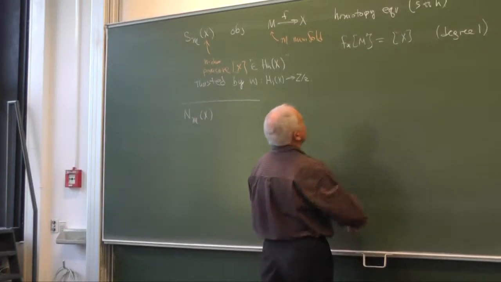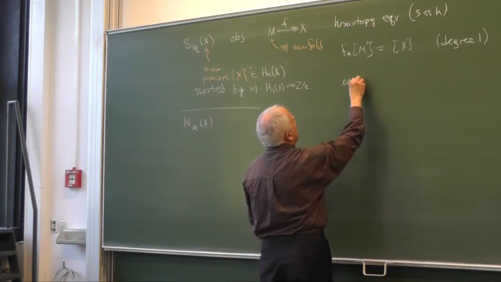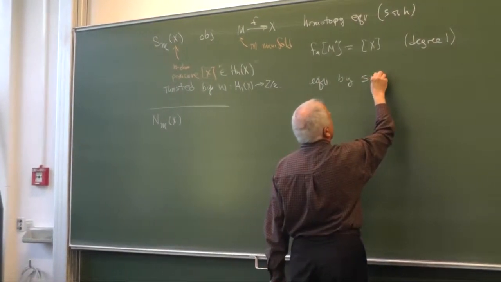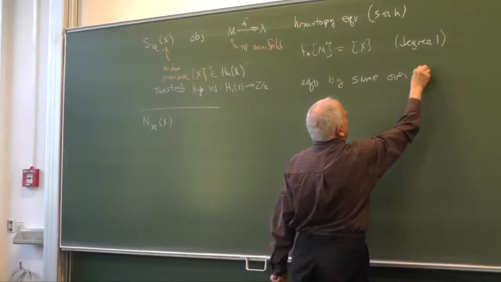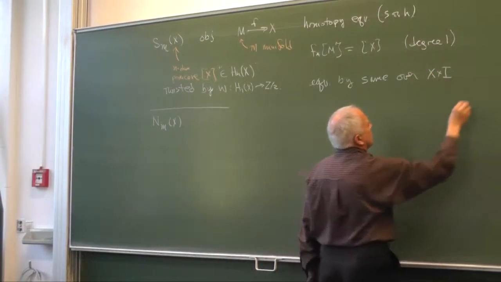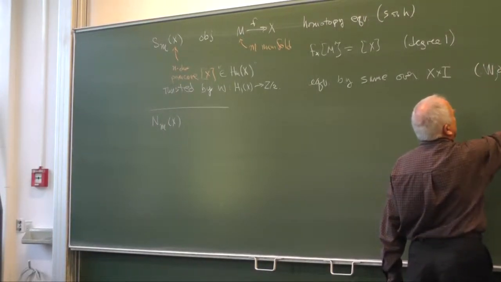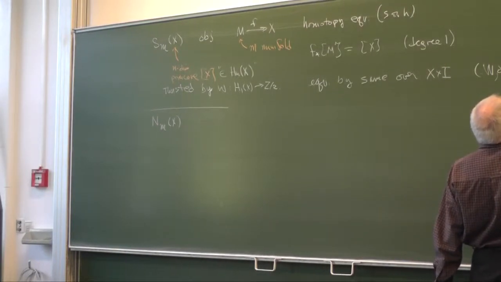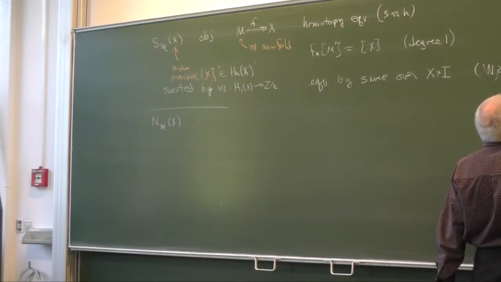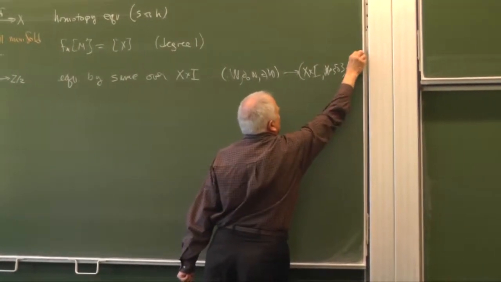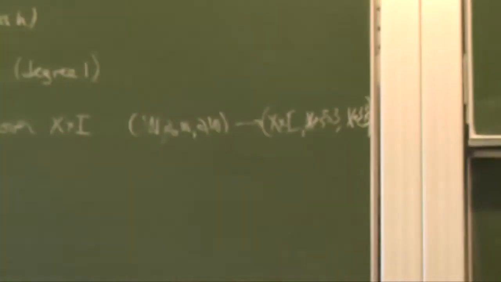The equivalence is given by the same thing over X cross I. So W, boundary 0 W, boundary 1 W, mapping to X cross I, X cross 0, X cross 1: a homotopy equivalence of triples.